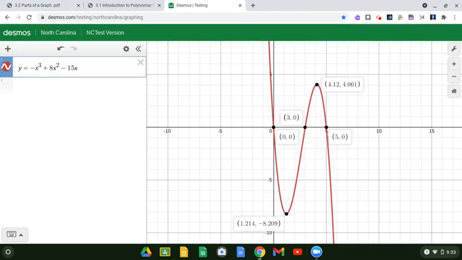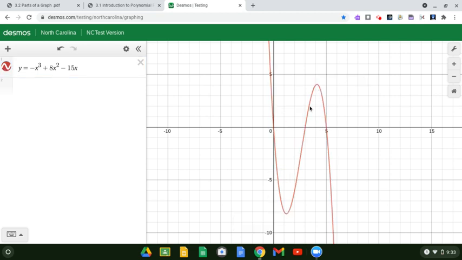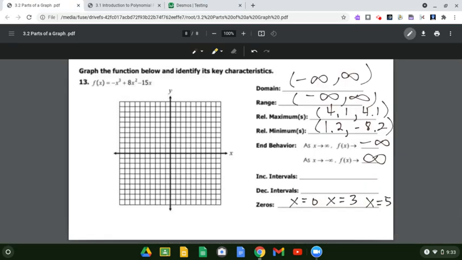Increasing intervals. There's only one increasing interval, from 1.2 to 4.1, right? When you ride the roller coaster, you can see it's increasing: (1.2, 4.1).